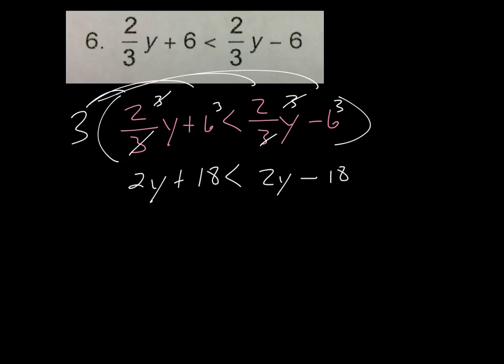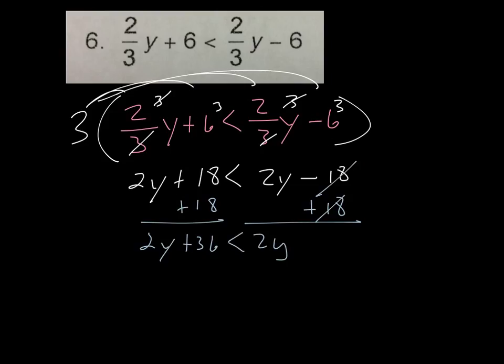Now, I have to go through my steps. I'm going to add 18 to both sides. So that's gone. I'm left with 2y plus 36 is less than 2y because 18 and a negative 18 cancel out to 0. I'm then going to subtract 2y from both sides.